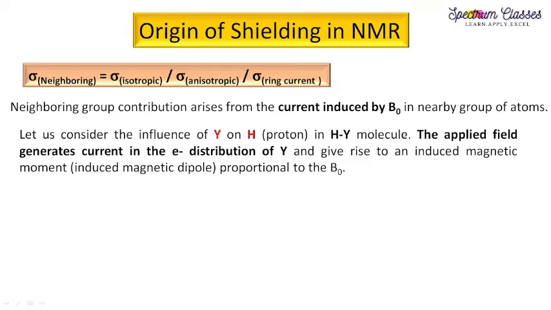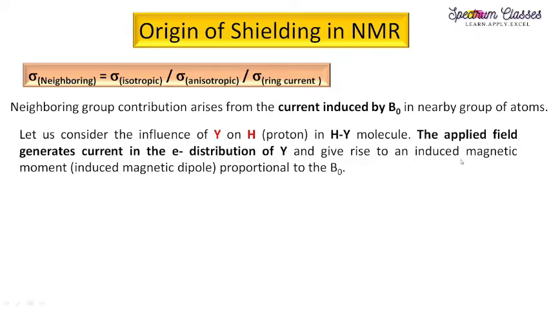When we place this HY molecule in the applied external magnetic field, it generates a current in the electron distribution about this Y. So in C triple bond C, the applied external magnetic field generates an electric current in the electron distribution of the Y. I will explain that in a pictorial manner too in the next slide.